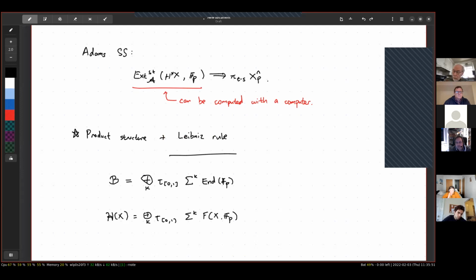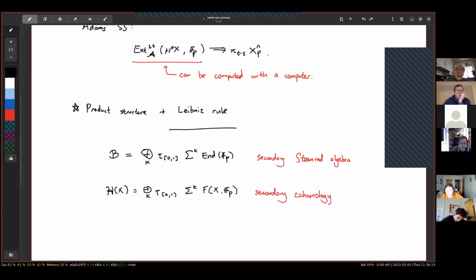So this is the secondary Steenrod algebra and the secondary cohomology. And we'll later see that this encodes all the information you need to compute all secondary cohomology operations acting on the cohomology of a space.